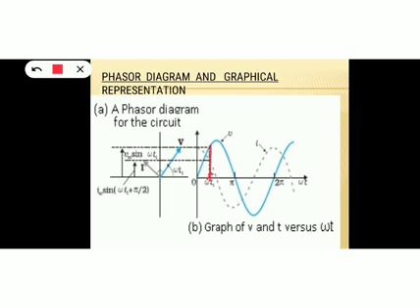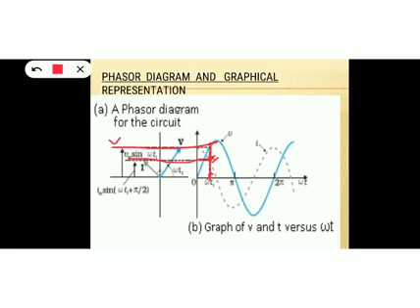Here, see this line cuts the graph of current at this point and it intersects the graph of voltage at this point. So from this point, draw a line to the phasor plane, and from this point draw another line to the phasor plane. This is the phasor plane.